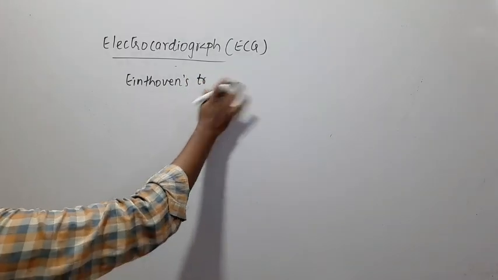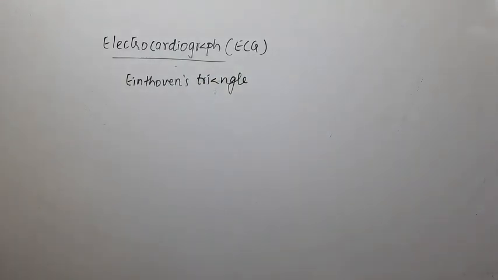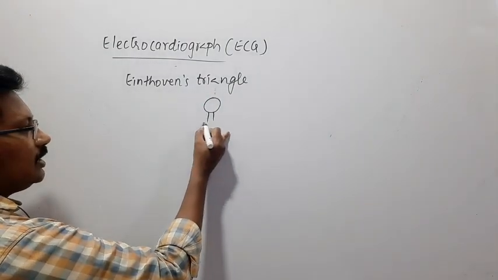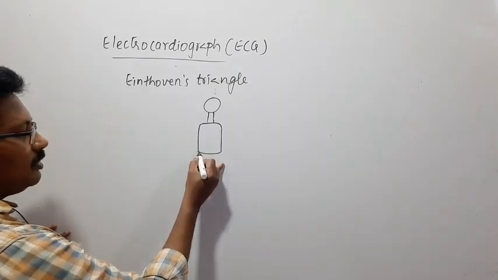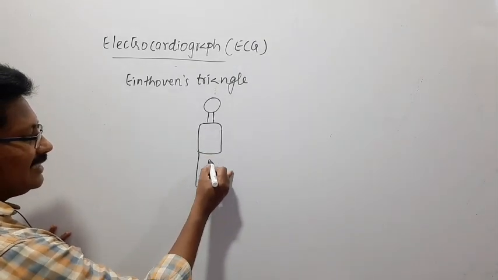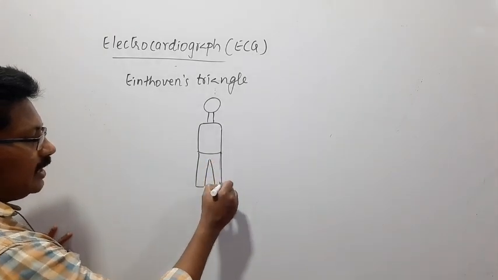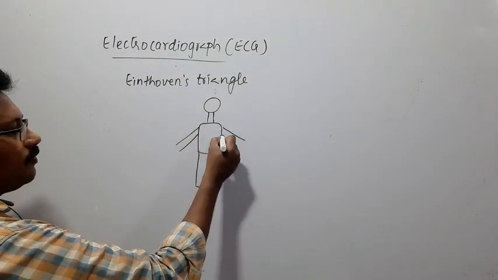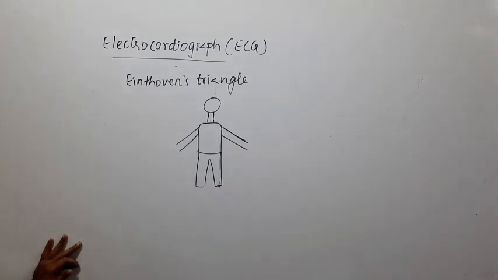Okay, so we follow Einthoven's triangle, right? Here in Einthoven's triangle, we connect the machine to the person by leads. There are certain wires we call leads, and we connect them to three different parts of the person.